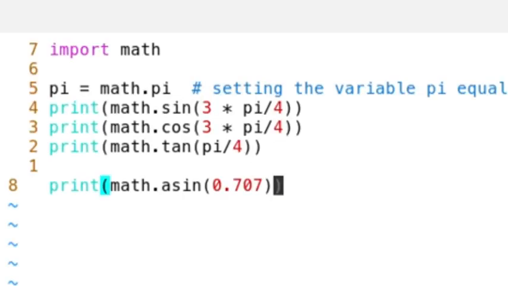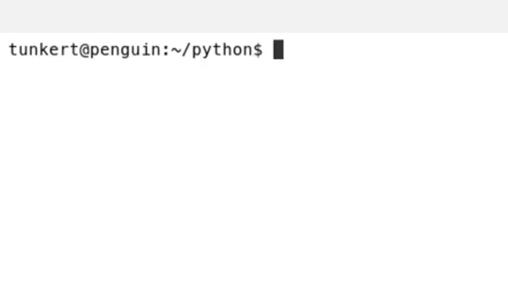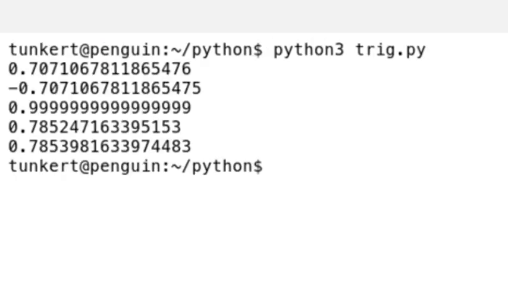So let's just show that by printing out pi fourths. So for pi fourths, we get 0.7853, etc. For the arcsine of 0.707, we got 0.7852.